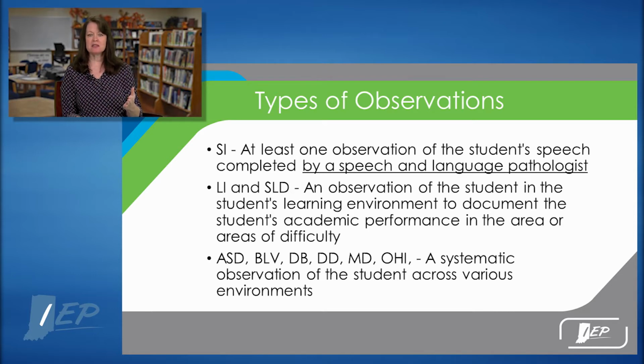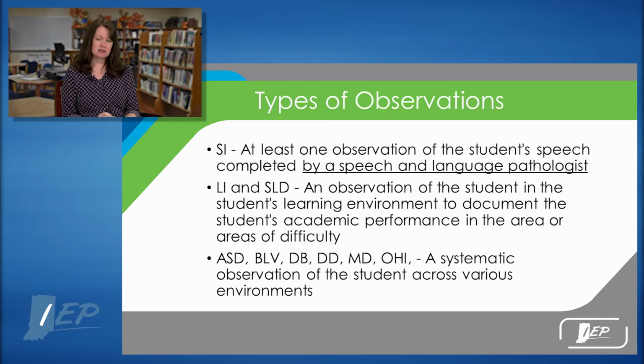The SLPs know what to look for when they're going in to listen to the student's speech and be able to hear those disfluencies, be able to hear those articulation errors, be able to identify whether or not it's interfering with other people's understanding. And the speech language pathologist has very specific training in this. So that's the big reason why the law says it has to be the SLP.